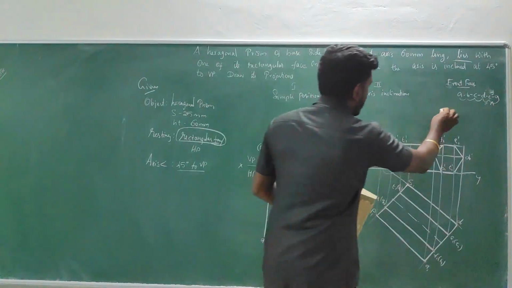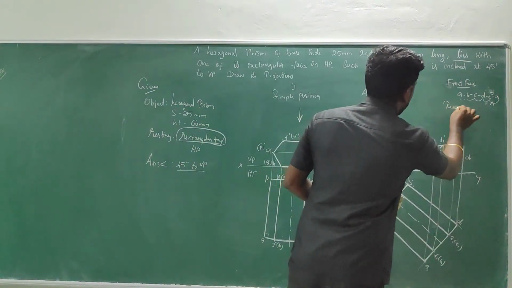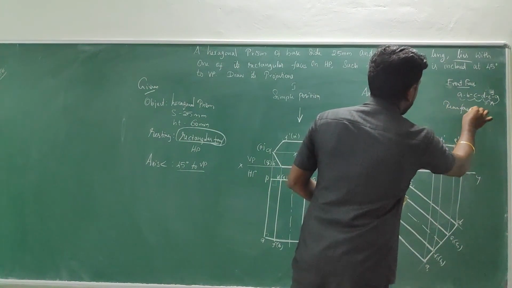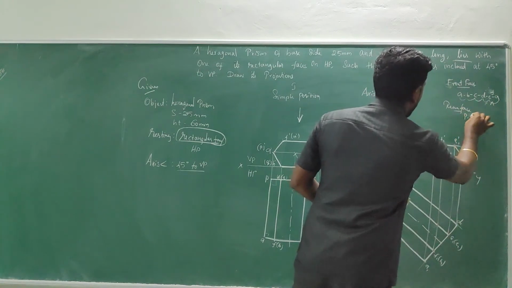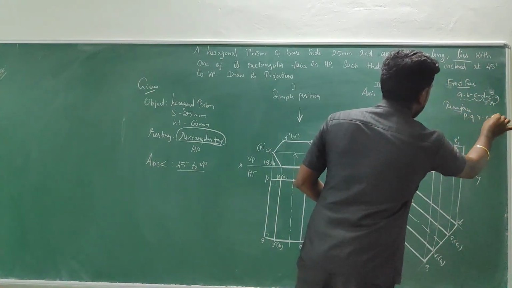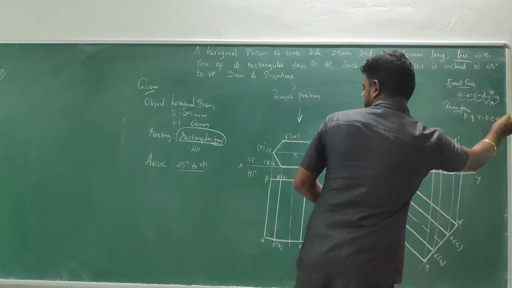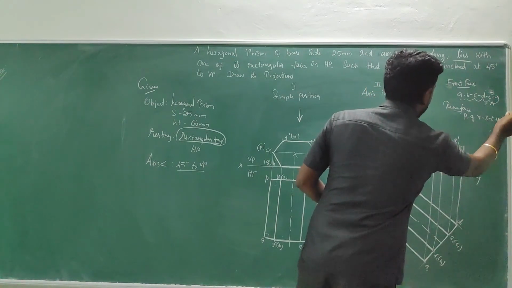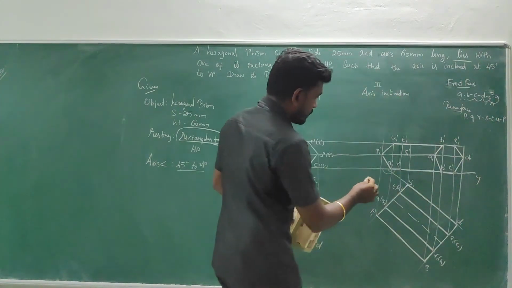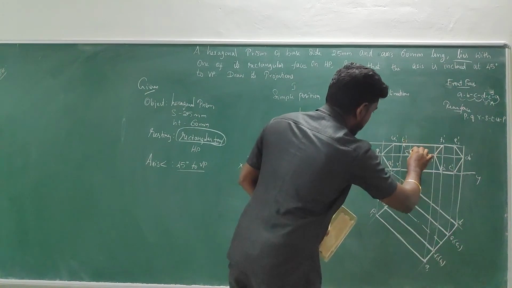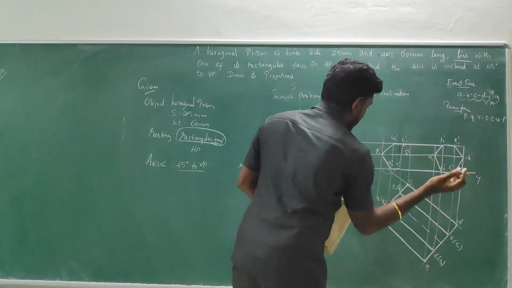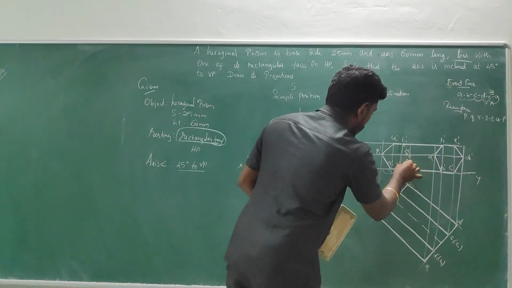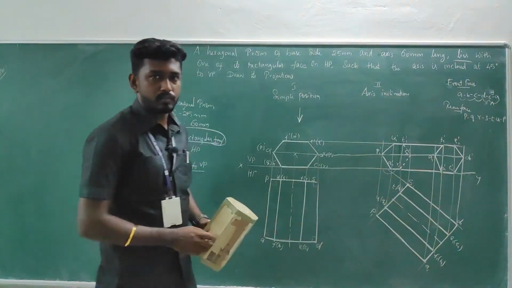Okay, the connection for the rear face: P, Q, R, S, T, U and again ends with P, right? So here T to S is invisible and S to R is invisible.